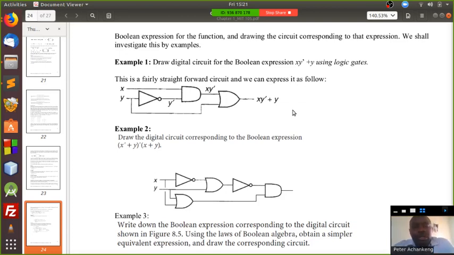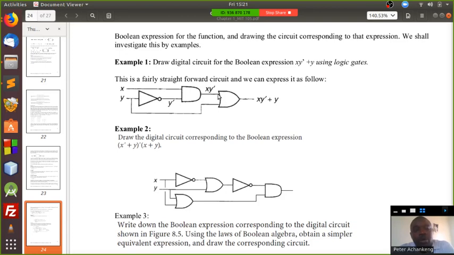Are we having any difficulties understanding this diagram in example 1? So you see that the inverter is used here to change y to y prime. After the inverter, this line here will have y prime. Now y prime will be combined with x using the AND gate to produce xy prime.